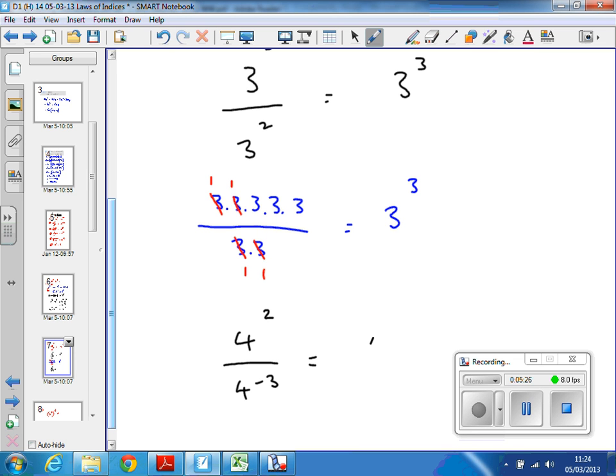Right, I have to add them. 4 to the power 5, okay? Minus gives us a plus. So we might well come across a problem like that. So it doesn't matter whether or not we're talking about fractions or whole numbers or negative numbers. One divided by the other, you subtract the bottom number from the top number.